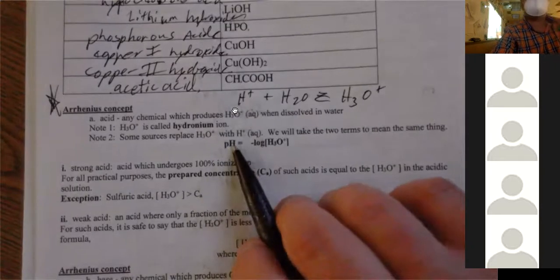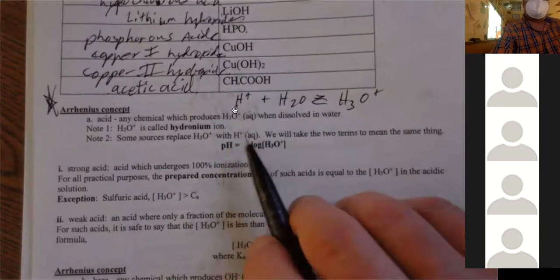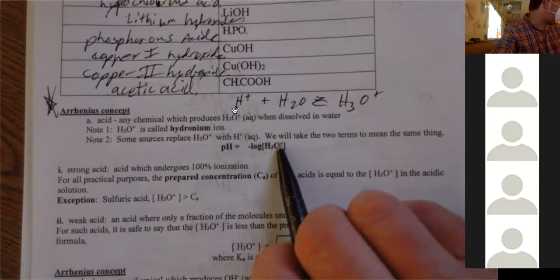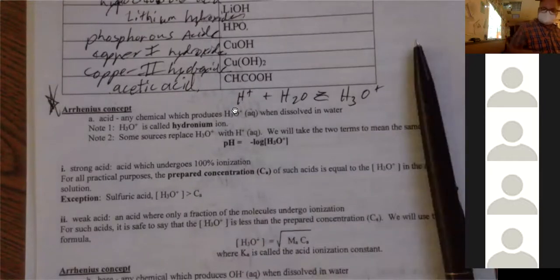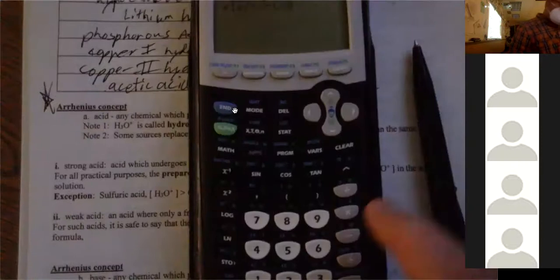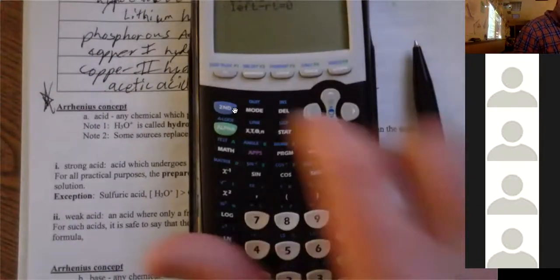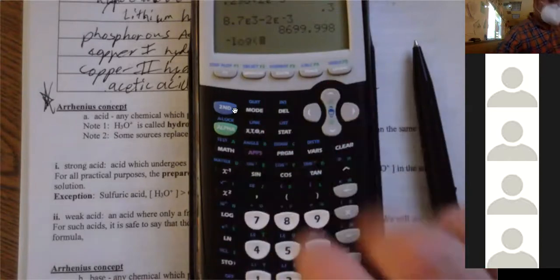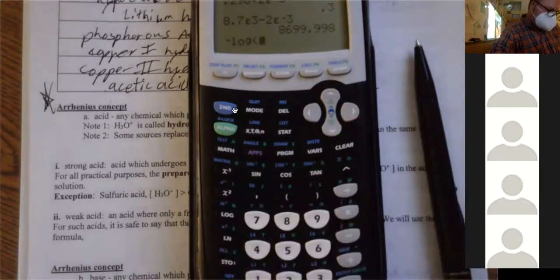To calculate the pH of something, you take the negative log of the concentration. So if we take a look, negative log, let's say the concentration is 1 molar HCl. The negative log of 1 is 0.